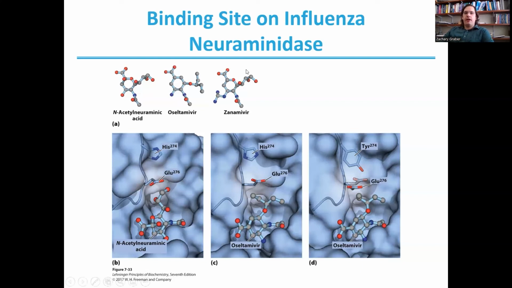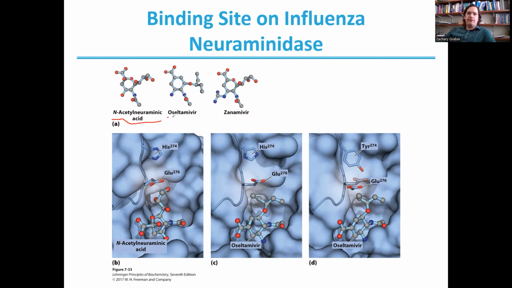So many antiviral agents actually use carbohydrate-like structures to target these lectins on the viruses. On the left here, we see N-acetylneuraminic acid, which is the target of the influenza lectin. This is found in many of our glycosaminoglycans, and it allows the lectin to target it and then lead to the virus invasion.